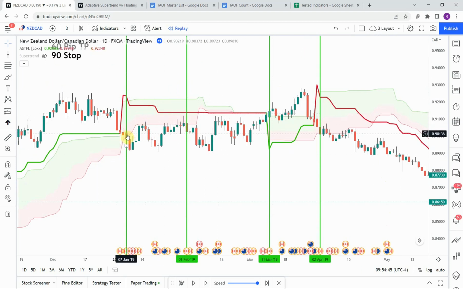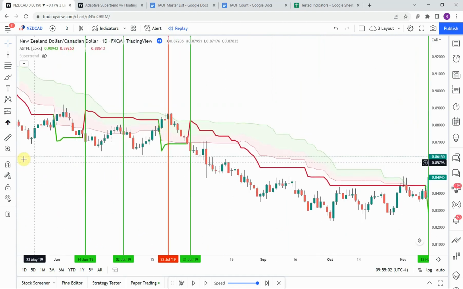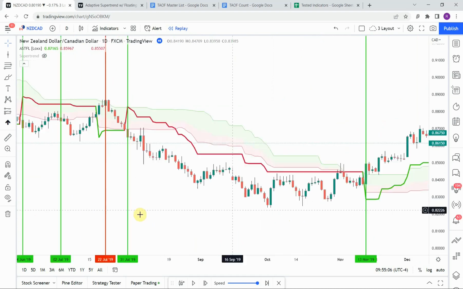And so, for example, we enter in here, we got to our take profit, we then exit the trade, the super trend stays in the red, price pulls back into the cloud, and then breaks out to the downside one more time. That would also be another valid entry to then enter in.